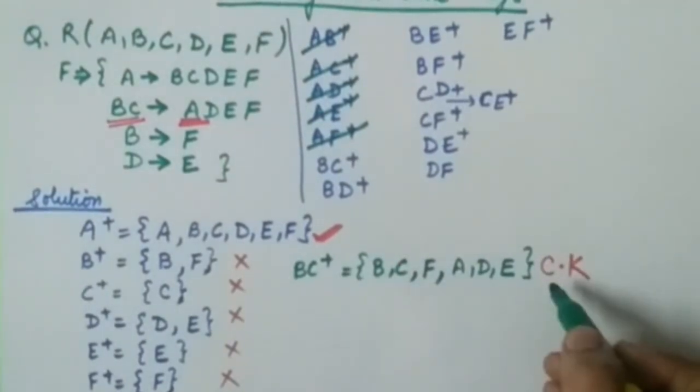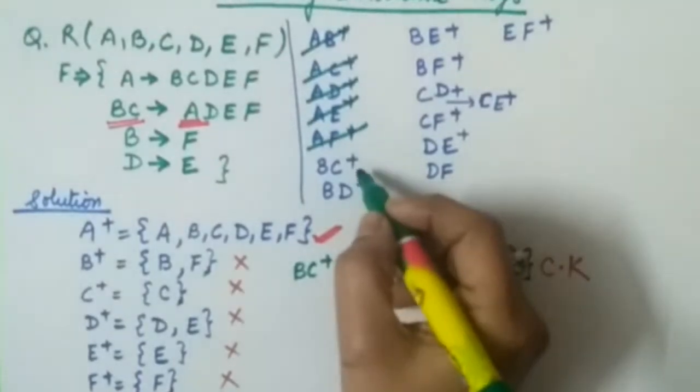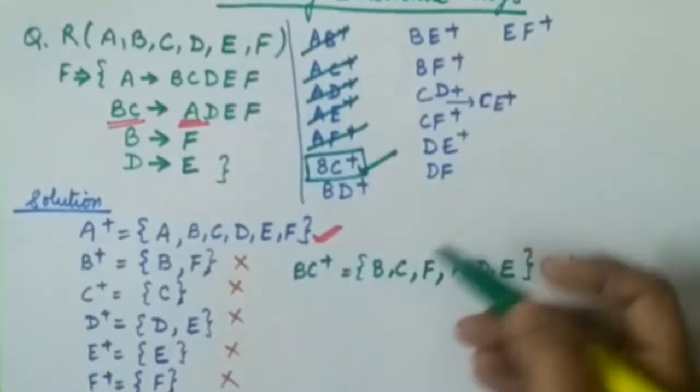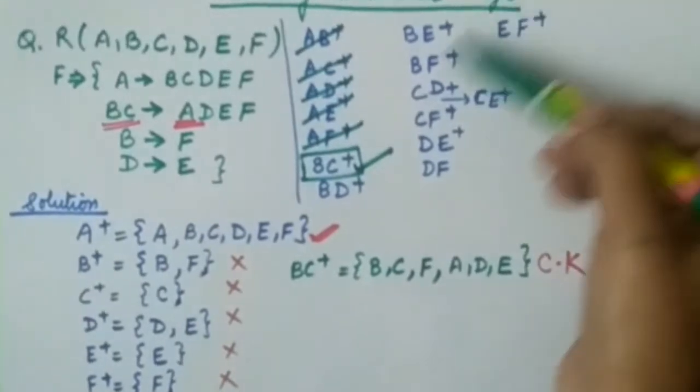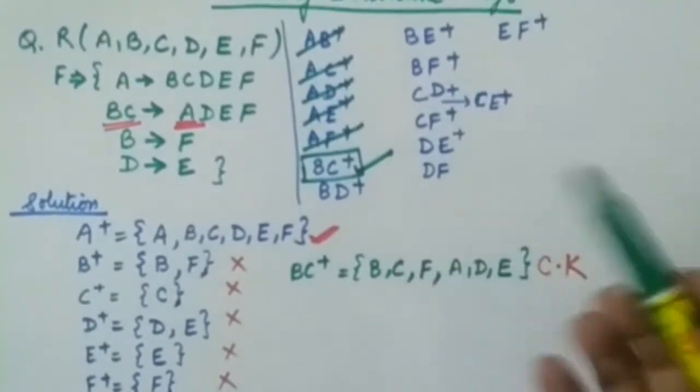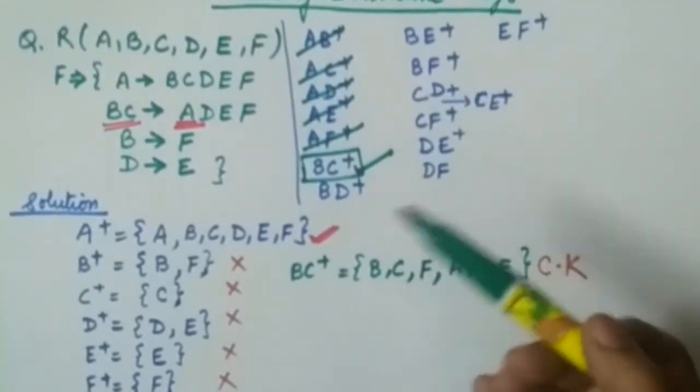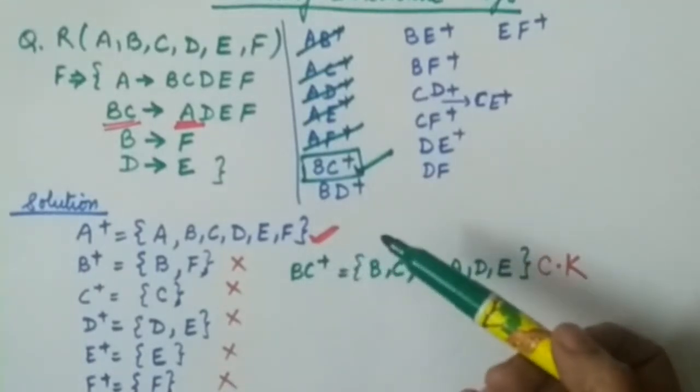So this is a short trick to find a candidate key. So this is a candidate key BC. Now if you find the closures of all these pairs, either they will be considered as a super key or they will not contain all the attributes.